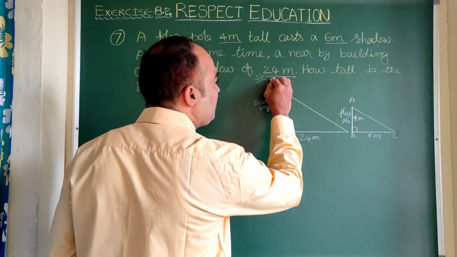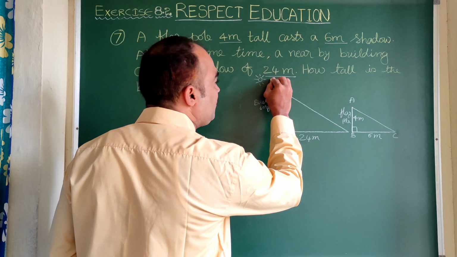They are always parallel at any instance. Here DF and AC both are parallel. Sun rays are always parallel at any instance. When these two are parallel, then earth acts as the transversal. At the same time, angle C and angle F are the corresponding angles which are equal.